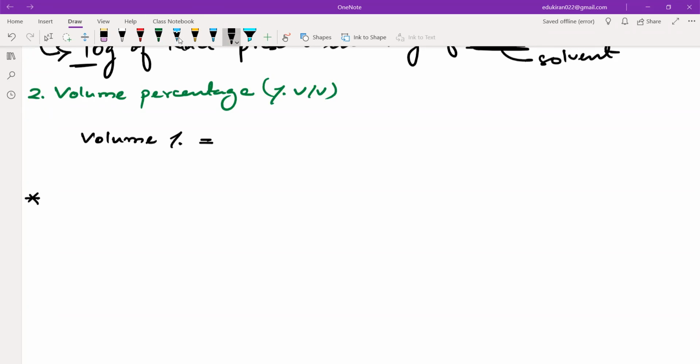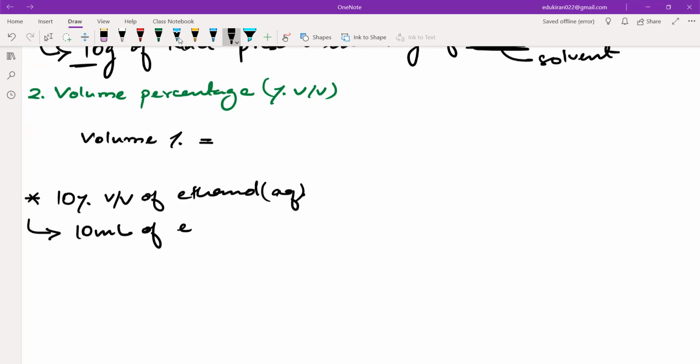What is important here? You need to understand, if somewhere it is written 10% V by V of ethanol aqueous, then its translation will be 10 ml of ETOH, the short form for ethanol, is present in 100 ml of solution.